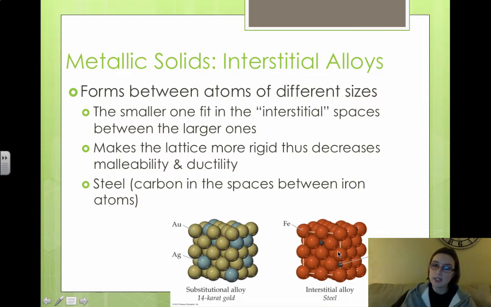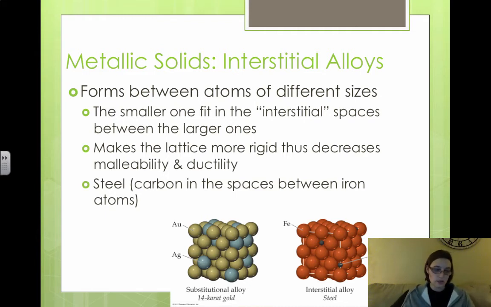And what happens is you can actually put much smaller carbon atoms into the holes to create this interstitial alloy, which is steel. The reason that interstitial alloys are so important is because it actually makes the lattice more rigid, which will decrease malleability and ductility. So again, this is steel when you have carbon in the spaces between the iron atoms.